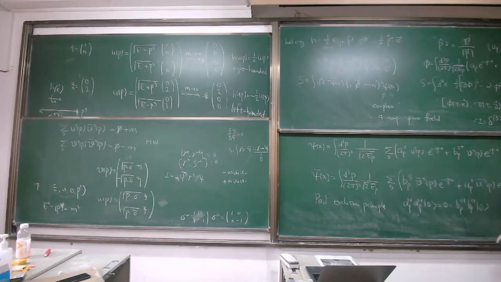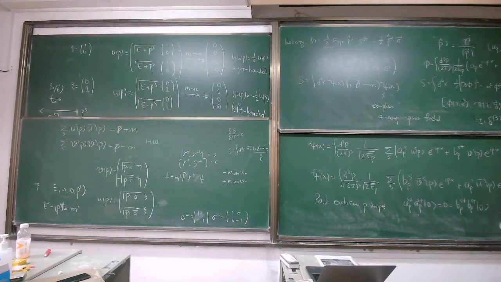Therefore, the spin-statistics theorem tells you that we cannot take the same statistics as the bosons in the case of fermions.